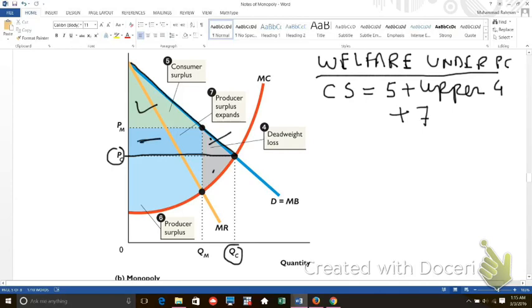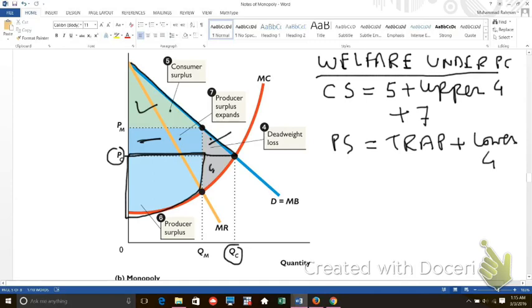So that's the consumer surplus, consists of 5, 7 and upper 4. Producer surplus under perfect competition is this trapezoid plus the lower 4, so plus this one. So that is my producer surplus under perfect competition. It has a trapezoid and it has this lower rectangle. So that's welfare under perfect competition.